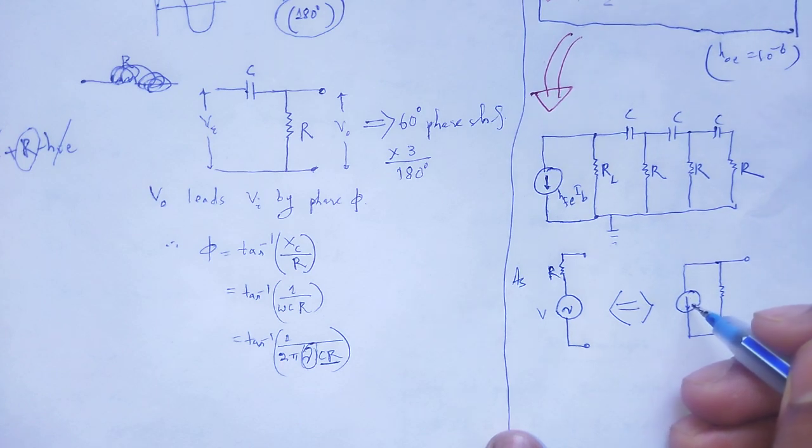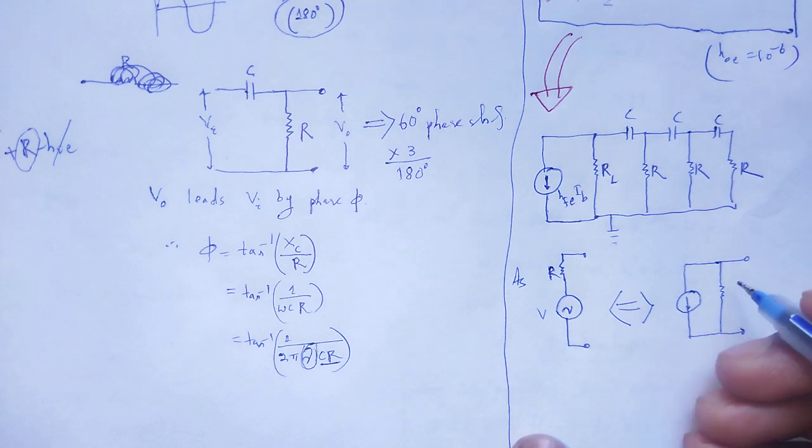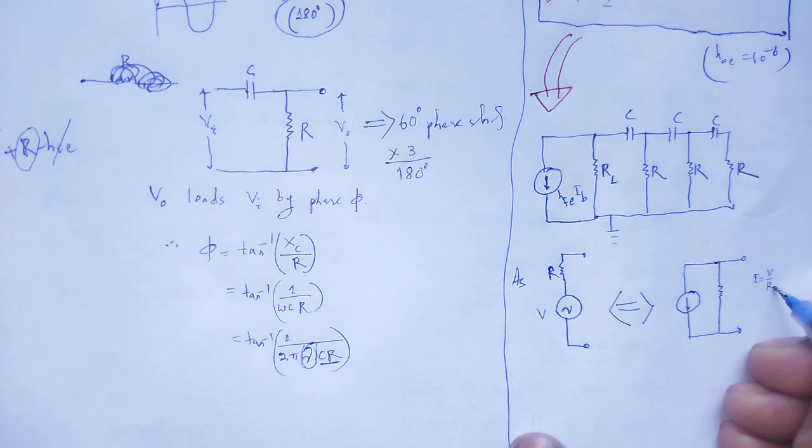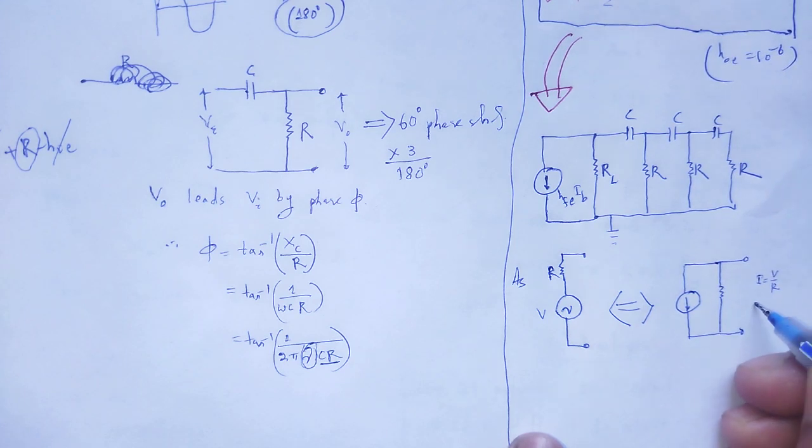For the current source, I is equal to V by R, and V is equal to IR.